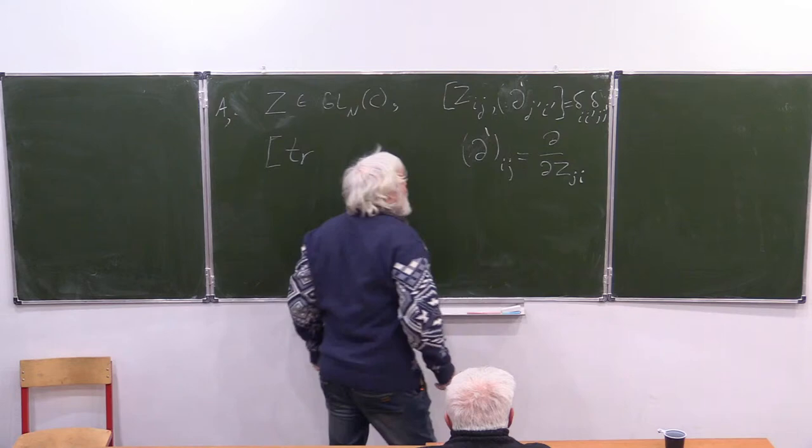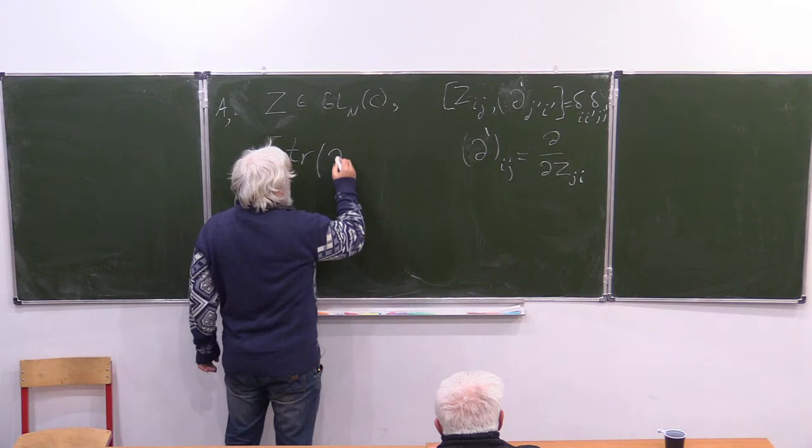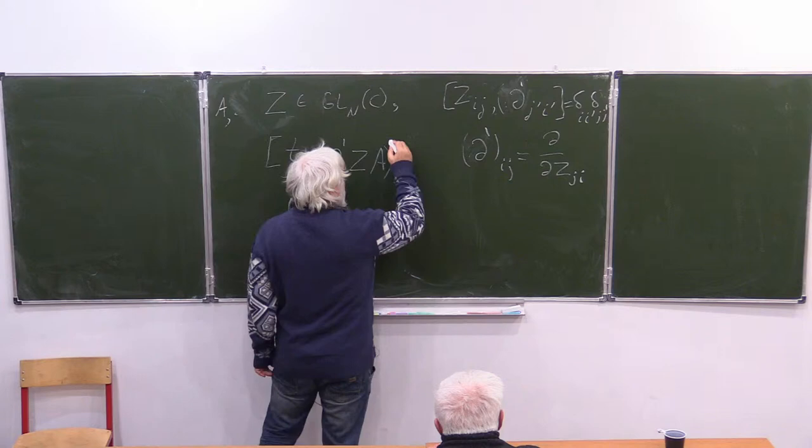Okay. One statement is as follows: trace of the product. This is a matrix of derivatives. Then this is a matrix. And this is some constant matrix. And we take it in power n.